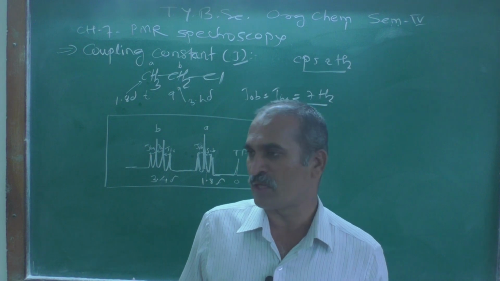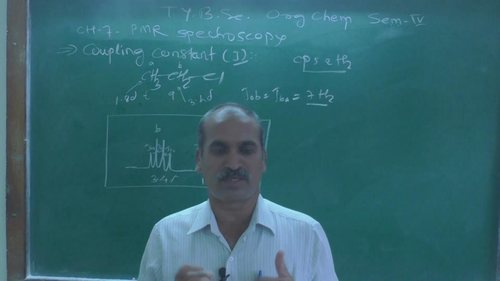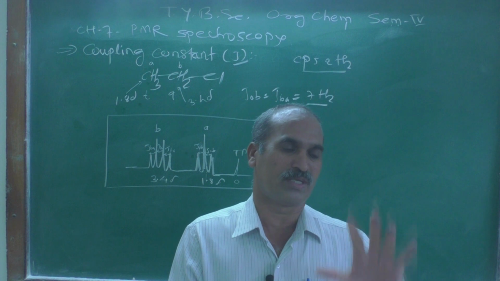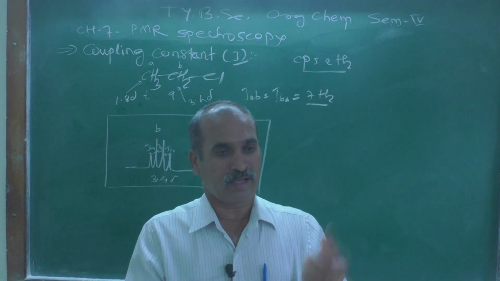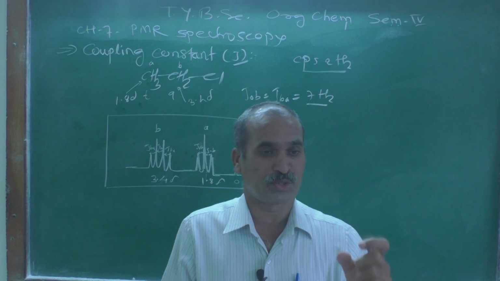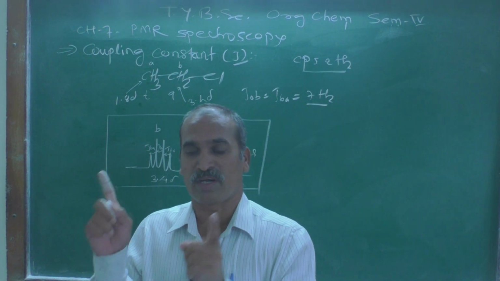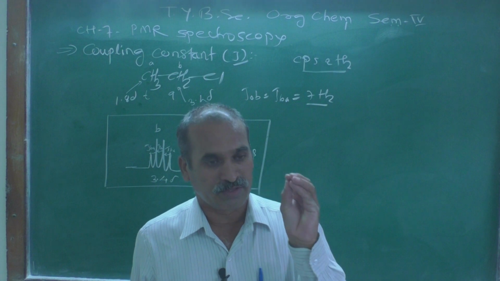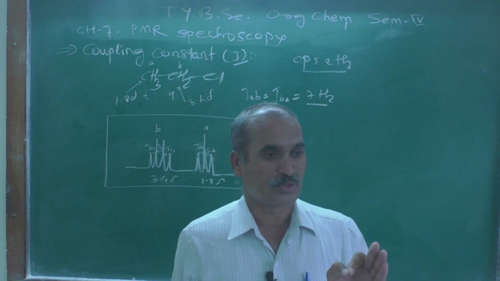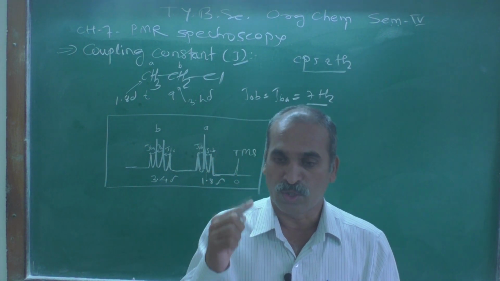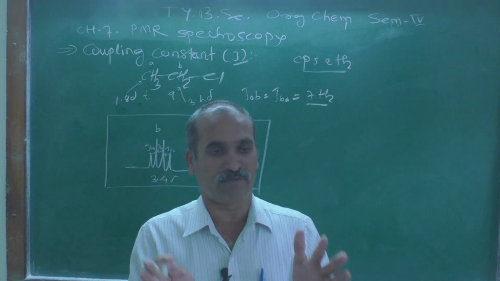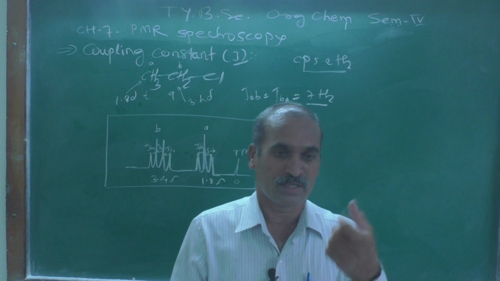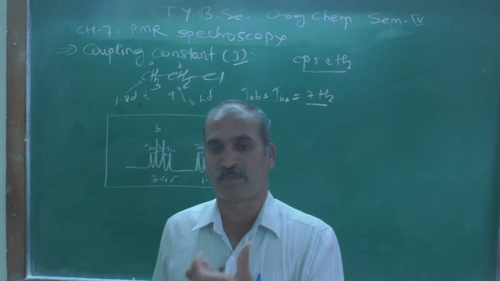They occupy 1-3 positions. That type of coupling is known as geminal coupling or 1-3 coupling, and those protons should be in a different chemical environment, that is, non-equivalent. Then and only then will there be a coupling, because equivalent protons do not couple with each other.